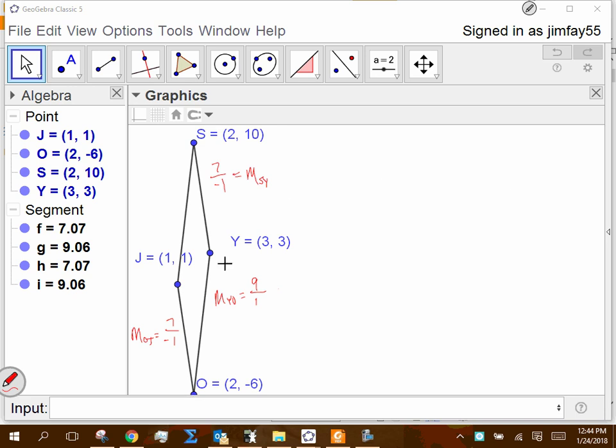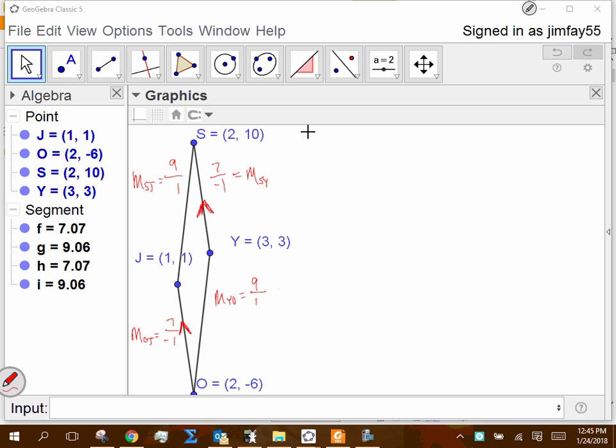And the nice thing there is that that slope is equivalent to that slope right there. So now you know those two lines are parallel. Then we're going to find the slope of SJ. So slope SJ, I'm going to go 10 minus 1 gives me 9, and 2 minus 1 gives me 1.